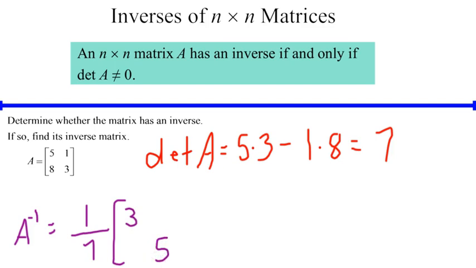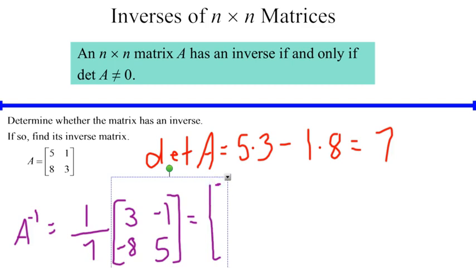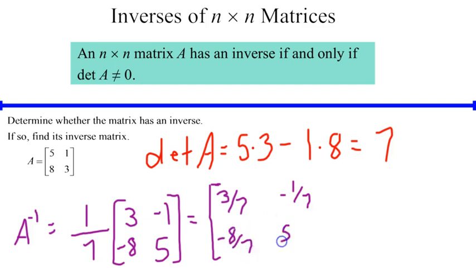B and C, those entries change signs, so this is going to become a -1, and this becomes a -8. Now if we multiply using scalar multiplication, 1/7 times 3, we get 3/7, -1/7, -8/7, and 5/7. So this would be our inverse matrix.